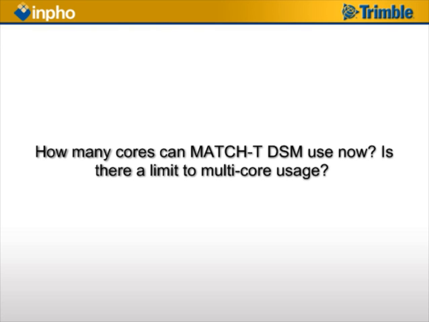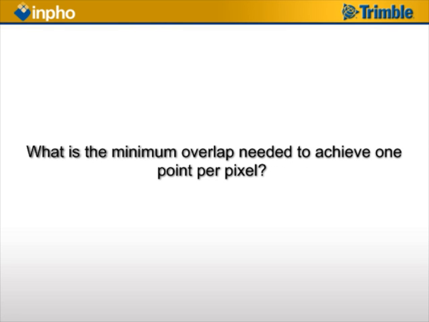One question, back to the flight conditions for generating an elevation model. The question was, what minimum overlap will we need to get a 1 point per pixel setup? Well, the minimum overlap that I would suggest is 60 by 60% overlap, so 60% end lap, 60% side lap.